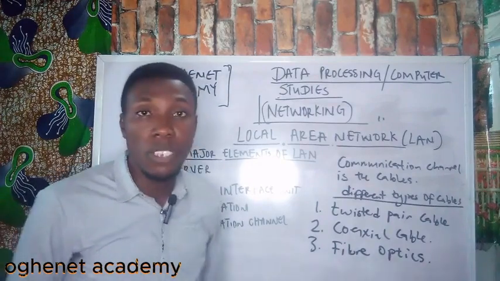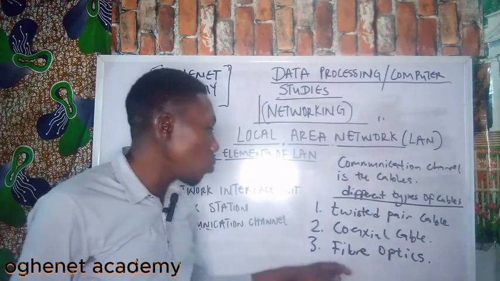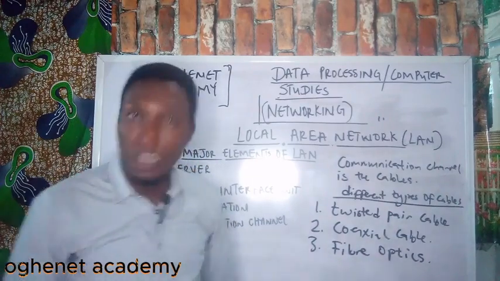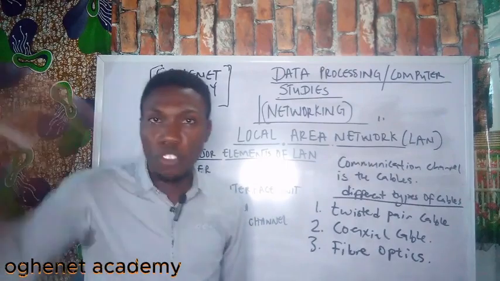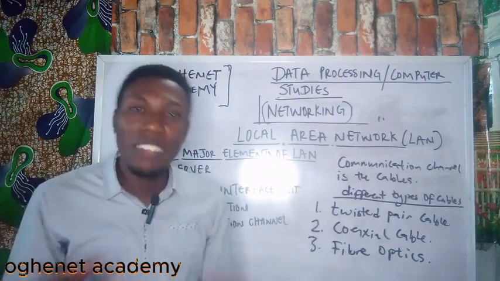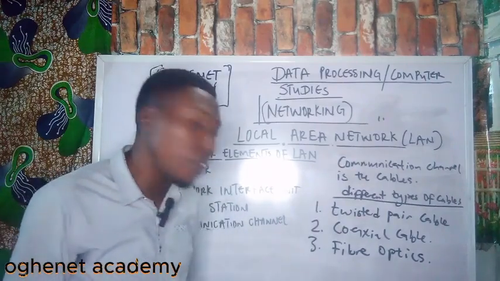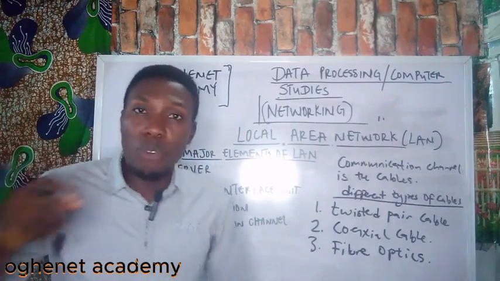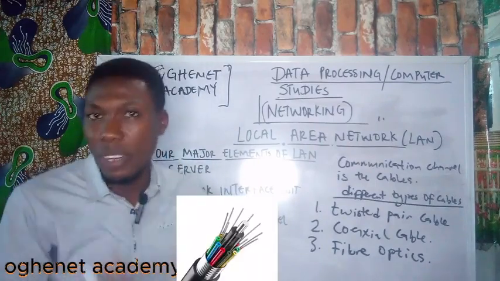Most of these telecommunication companies make use of fiber optic cables in the transmission of data, because they can transmit a large amount of data at the same time with little or no interference.